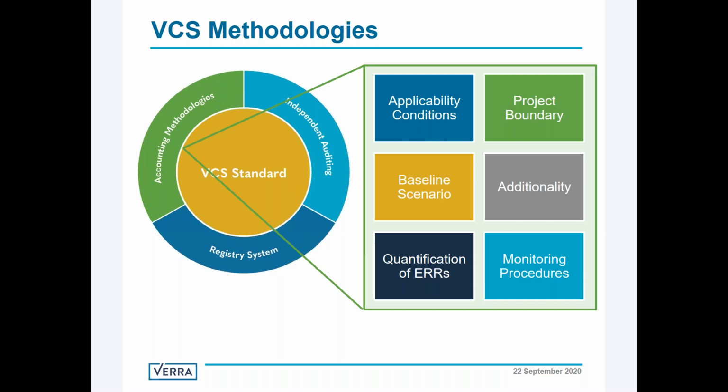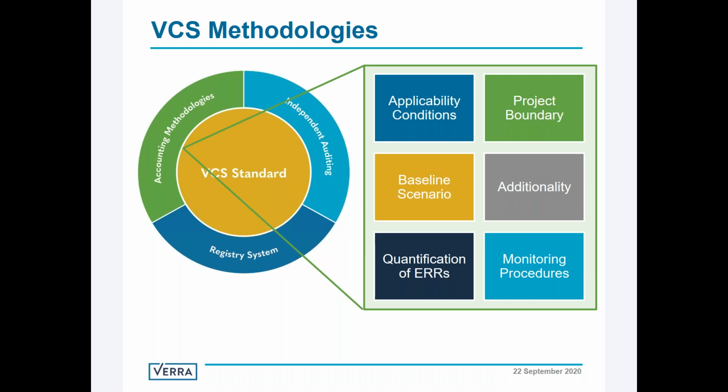Methodologies also set out procedures by which projects set the baseline scenario, or the scenario of what would have happened in the absence of project activities, and procedures for how projects can demonstrate additionality, to demonstrate that the project activity would not have occurred in the absence of carbon finance.